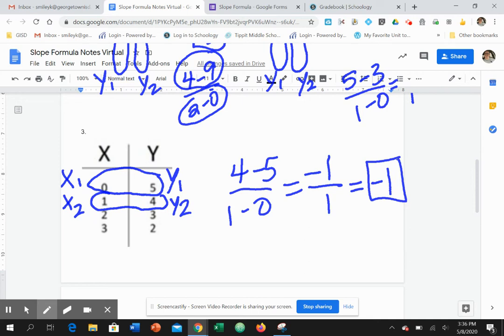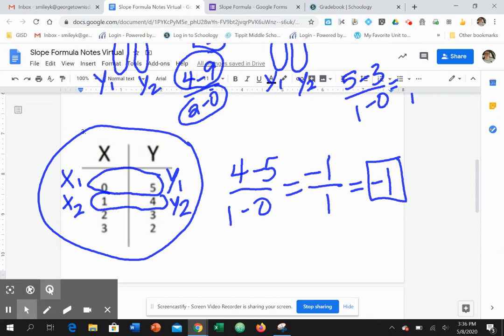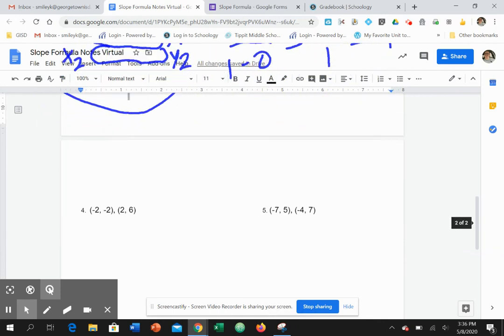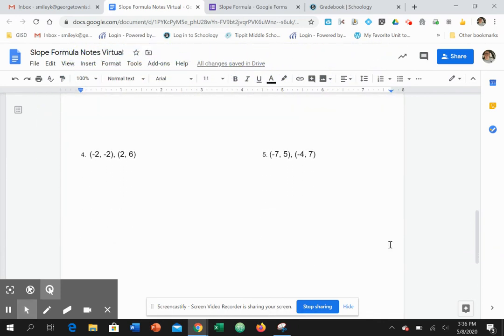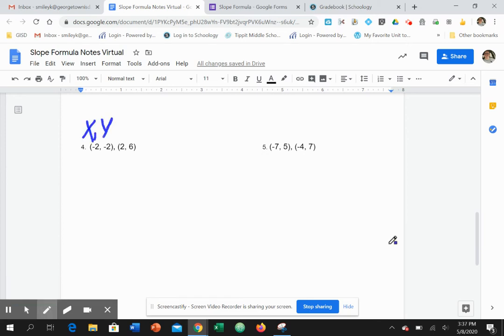You will see more of this type, okay? You'll see a couple that are laying on their side, but you'll see more that are up and down, like this table here. Now, if you are given just 2 points, in the classroom, I would tell you right underneath it or above it, you're going to write down your x1, y1, and your x2, y2 to make sure that you fill it in good, okay?